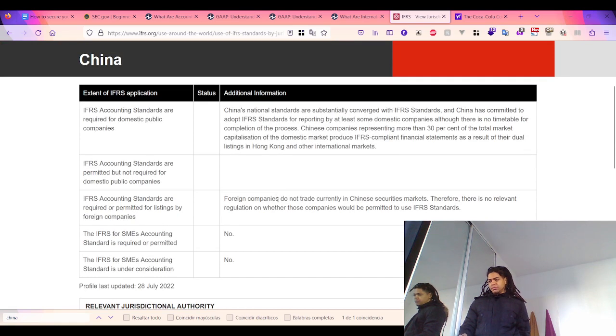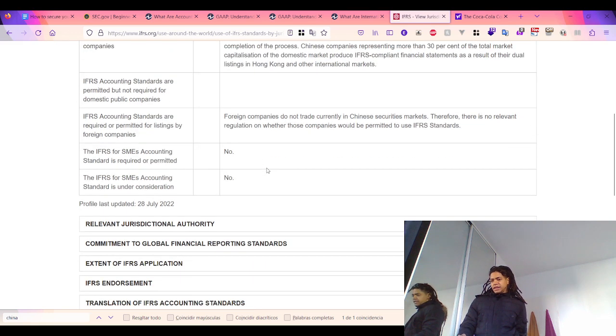Okay, foreign companies do not currently trade in China's security market. Therefore, there are no relevant regulations on whether those companies will be permitted to use IFRS standards.